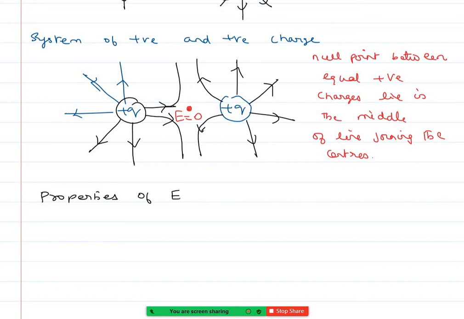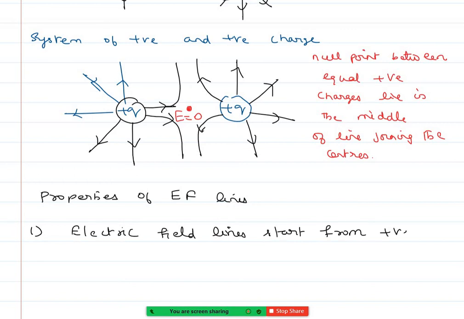Properties of electric field lines. Okay? So these properties are important. So the first property is what? Electric field lines start from positive charge and terminate at negative charge, right?